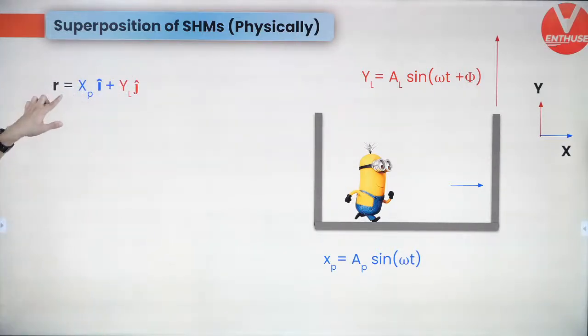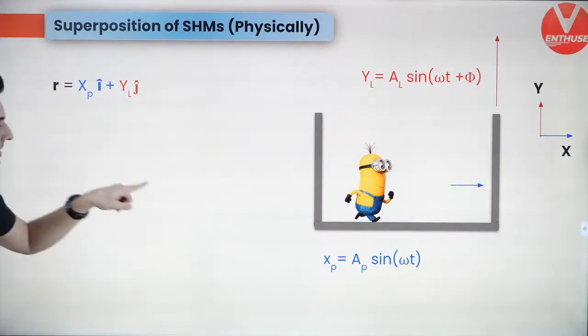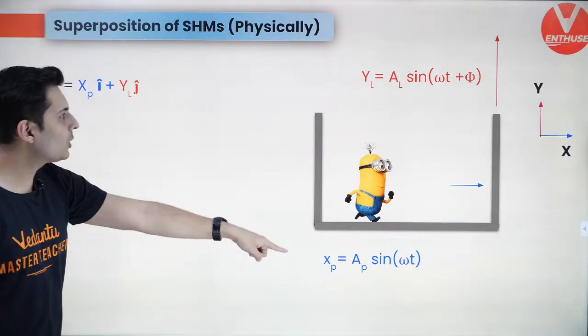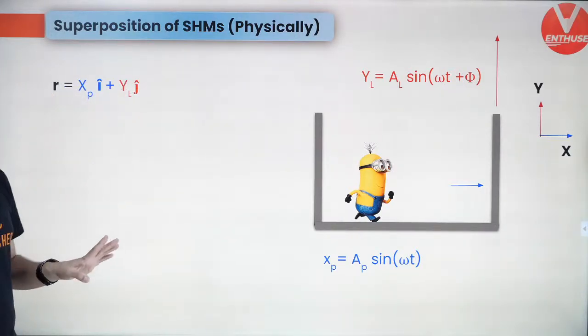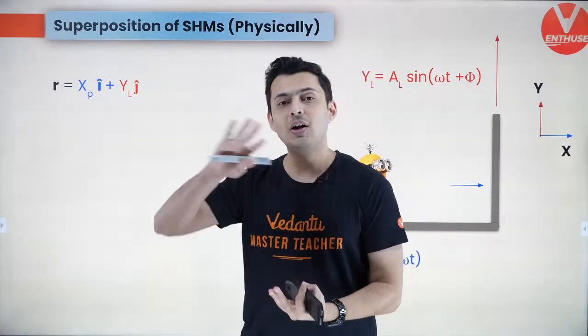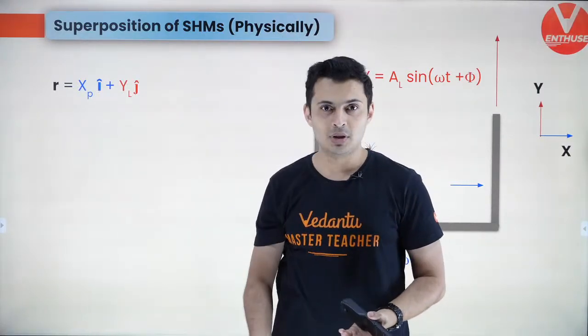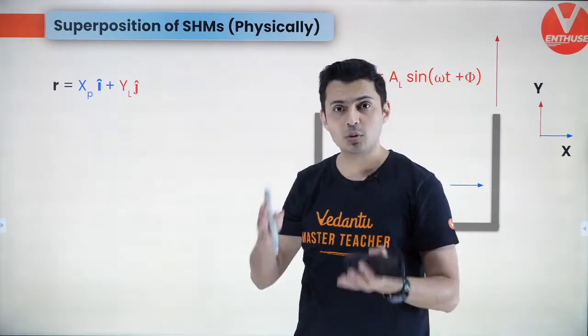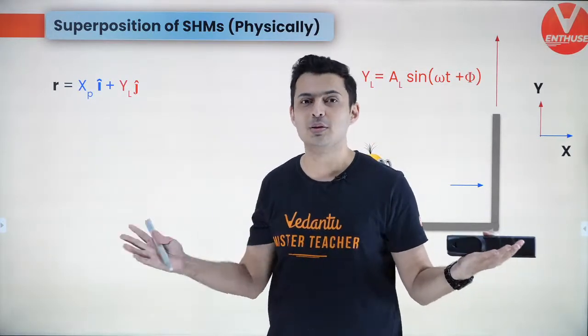So how will the resultant motion look? The resultant position vector r bar is x_P i cap plus y_L j cap. The best part is Pandu's motion is not disturbed by the vertical motion, and the lift's motion is not disturbed by Pandu's motion.